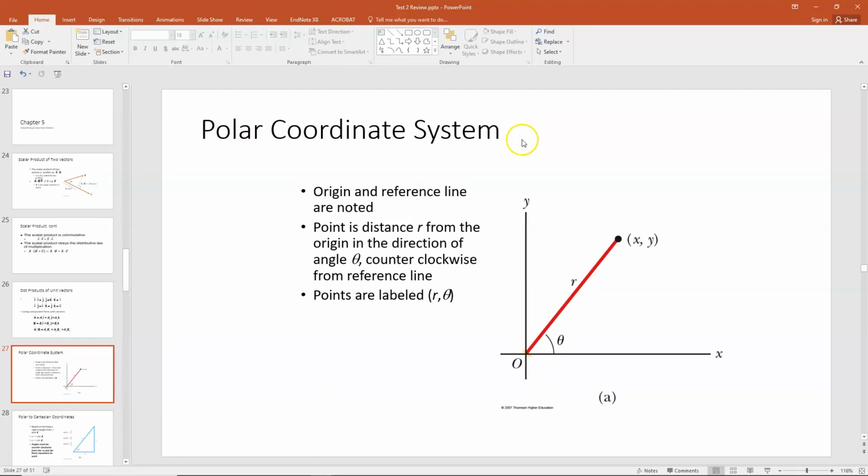We talked about the polar coordinate system, and it's shown here. The polar coordinate system, instead of giving x, y as the coordinates, gives r, theta as the coordinates, where r is the distance from the origin, and theta is the angle that swings counterclockwise from the plus x-axis to the position vector.